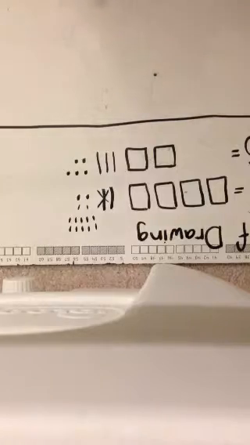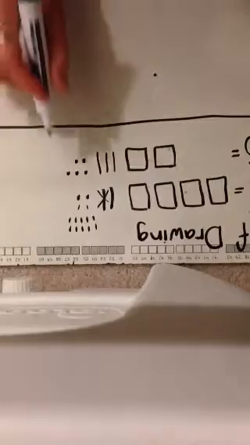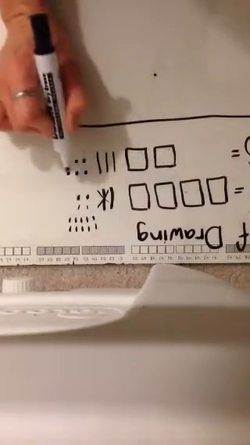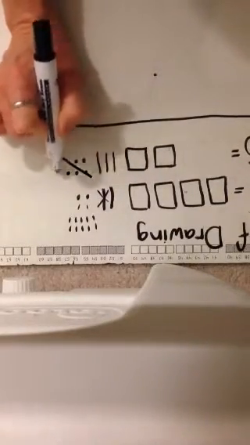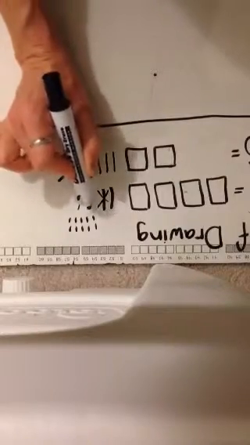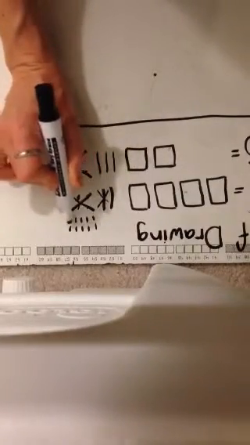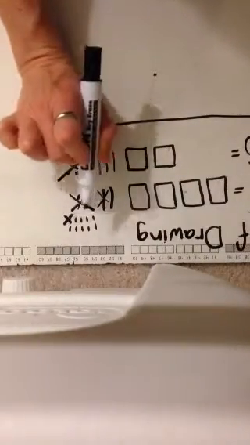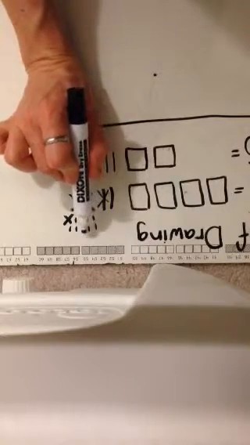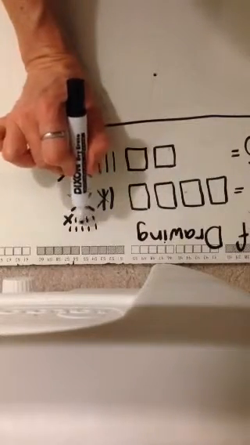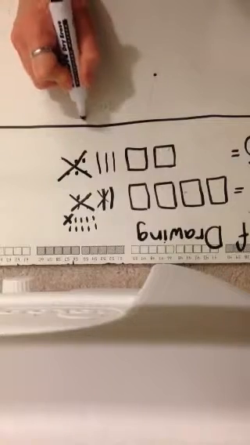And the way that we solve that is, well, first of all, we should know what 14 minus 5 is. We should automatically know that it's 9. But when you're solving it here, you're going to cross out 5 here, and you're going to cross off 5 here. That leaves us with 9. 1, 2, 3, 4, 5, 6, 7, 8, and 9.